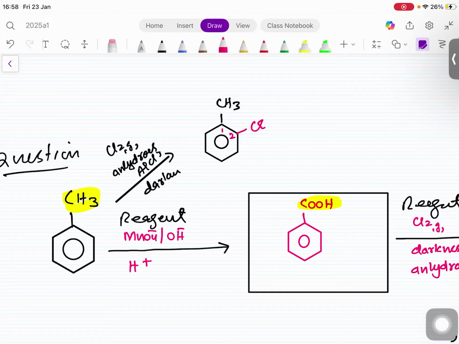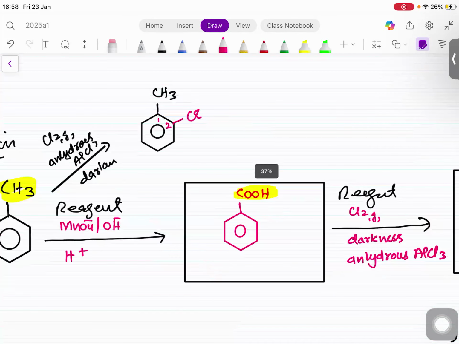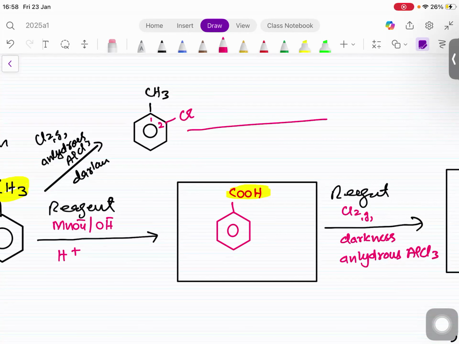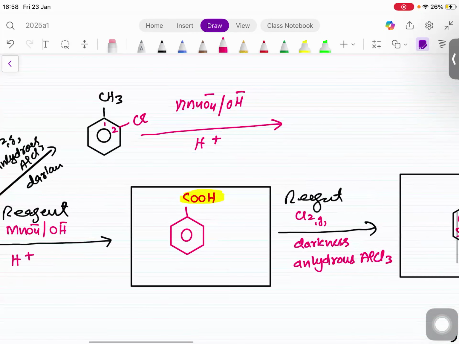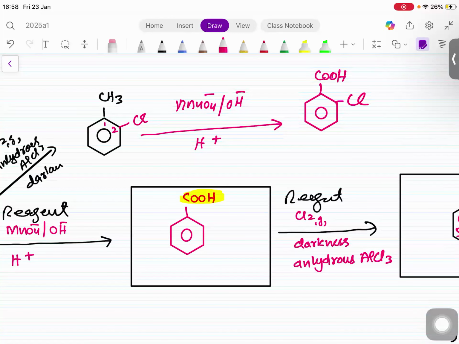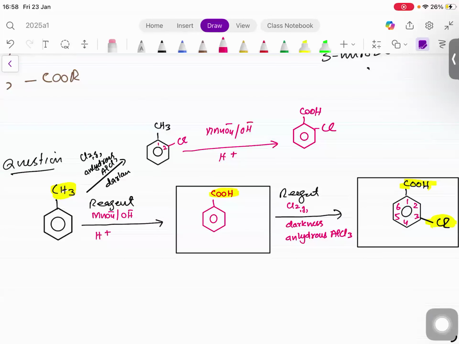So this is 2-chloromethylbenzene. And then if I oxidize it with MnO4 negative / OH negative and H positive, it's going to be this one here. So the final product would have been 2-chloro, right?